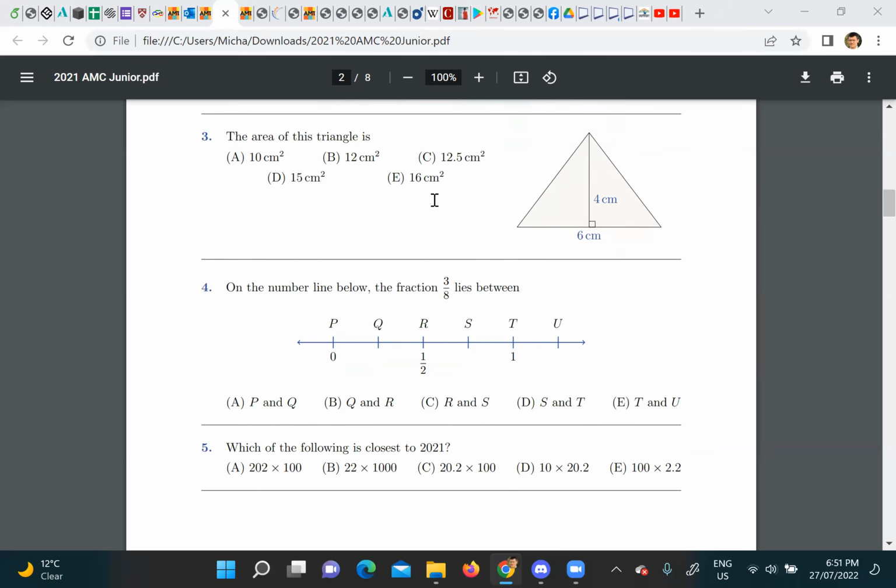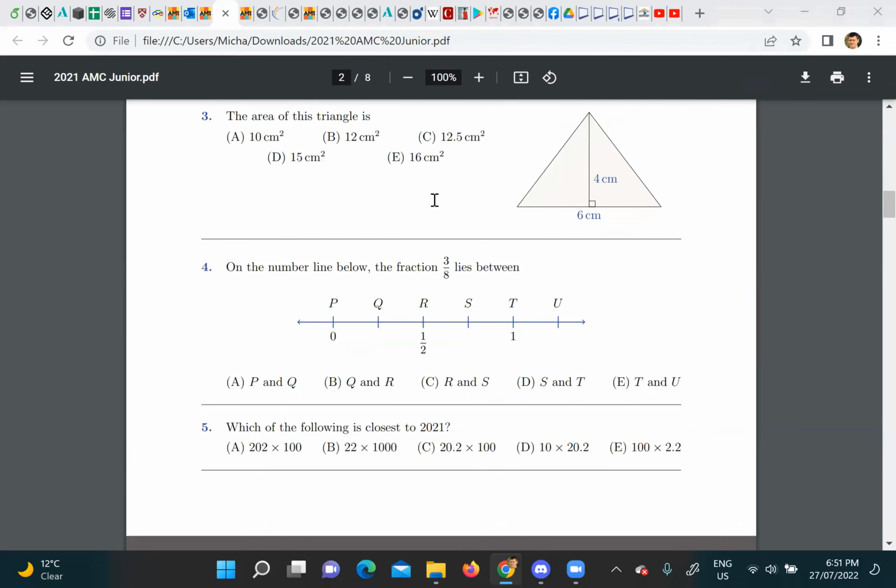On the number line below, the fraction 3/8 lies between where? Alright, so make sure you speak up, yeah?